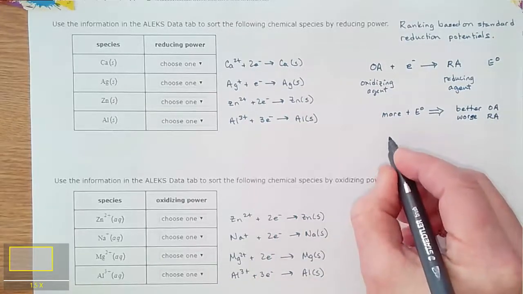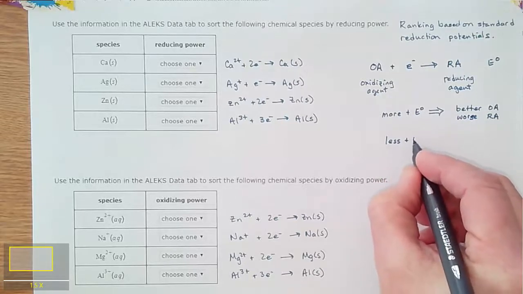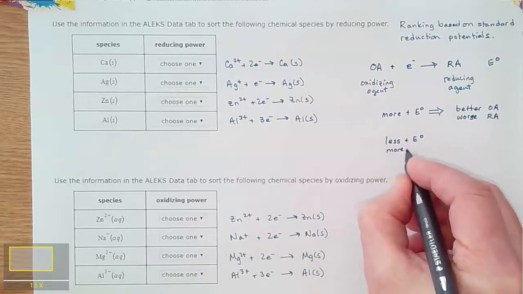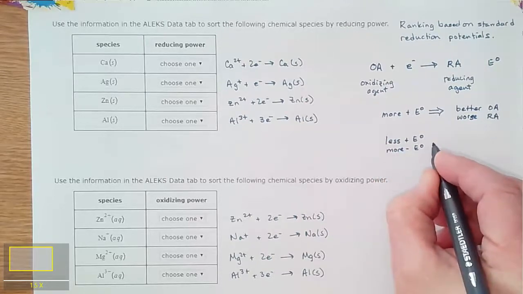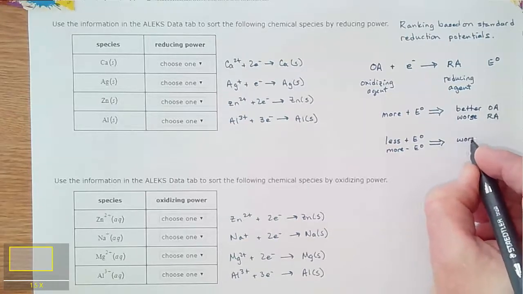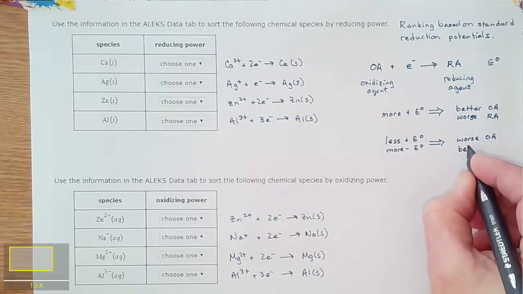If we have another half reaction that has a less positive E0, or another way to say that is a more negative E0, then that implies that we have a worse oxidizing agent and a better reducing agent.